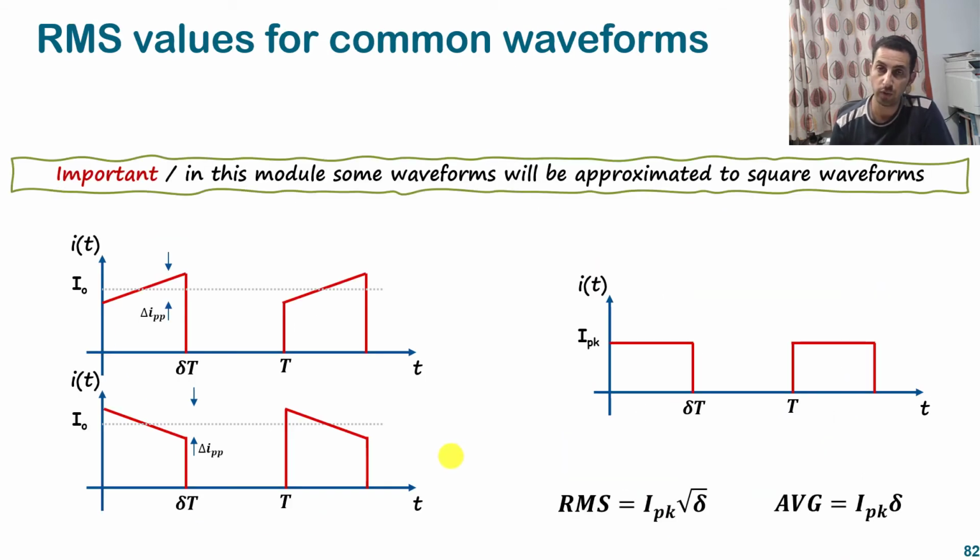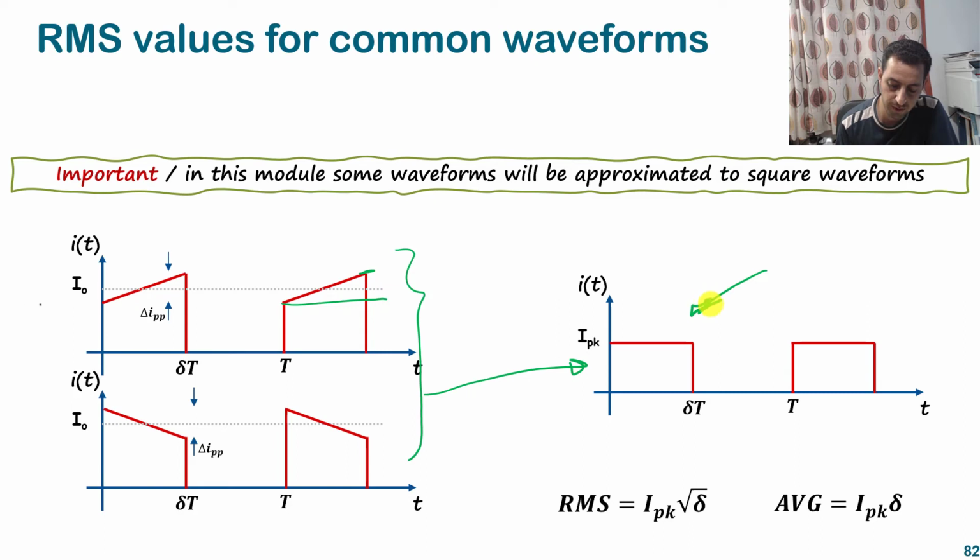Again, we will be approximating some signals, for example these signals to these signals, just to make the calculation simple. Sometimes I can't really get the ripple value, so I approximate it, or I assume it is 0. Once you calculate the power dissipation with this approximation, I think it's easy, no problem.